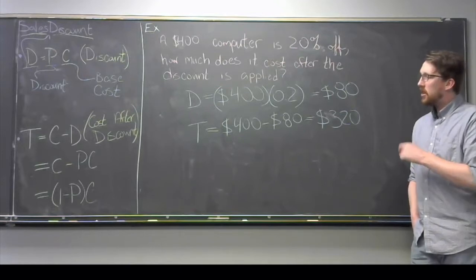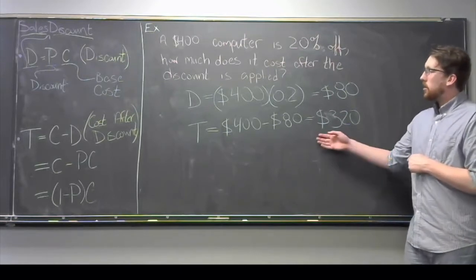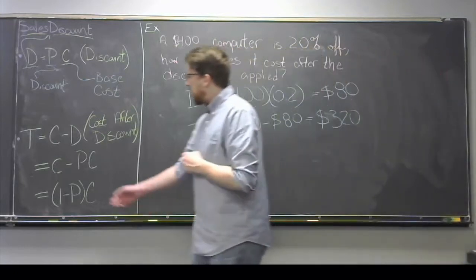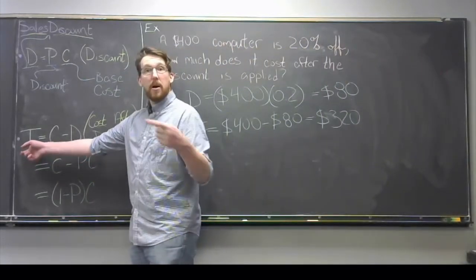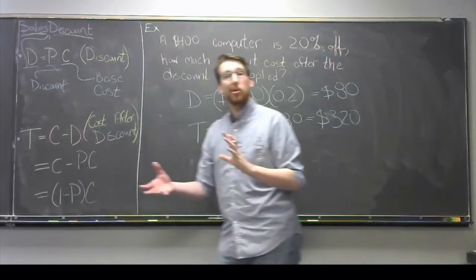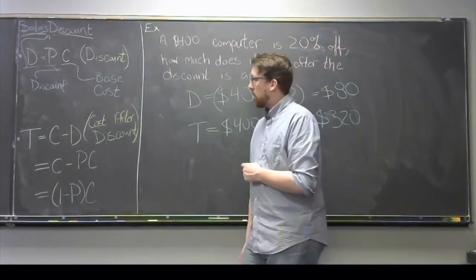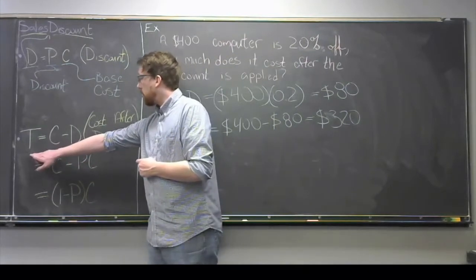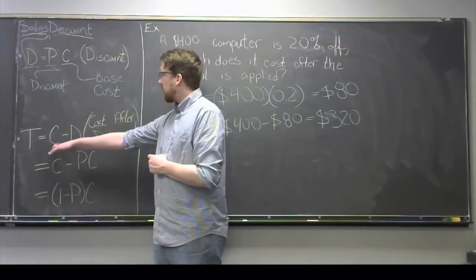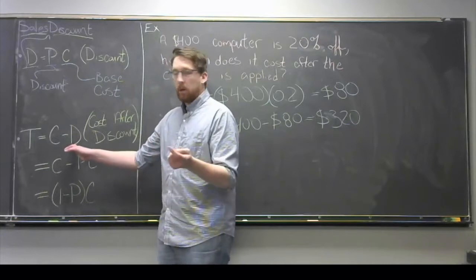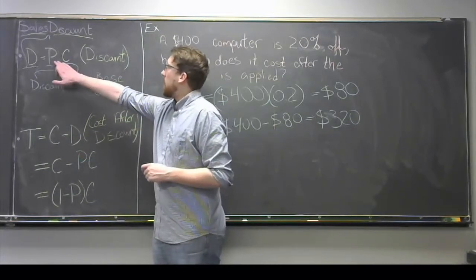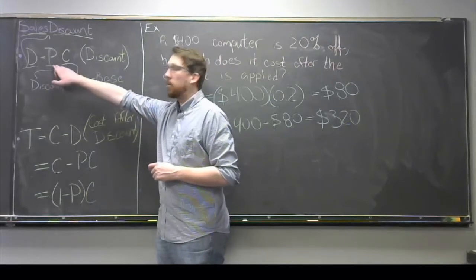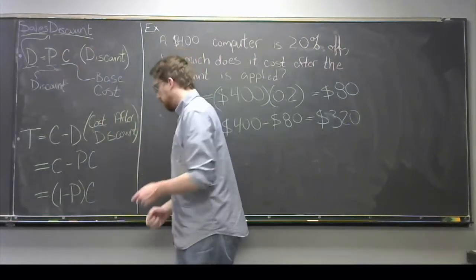So, having said all of this, just like with sales tax, I want to point out there was another way we could have gone about finding the total cost. If we look at the original equation for the total cost, we see that it's the cost minus the discount, right? Well, we can rewrite the discount as the percent discount times the cost.